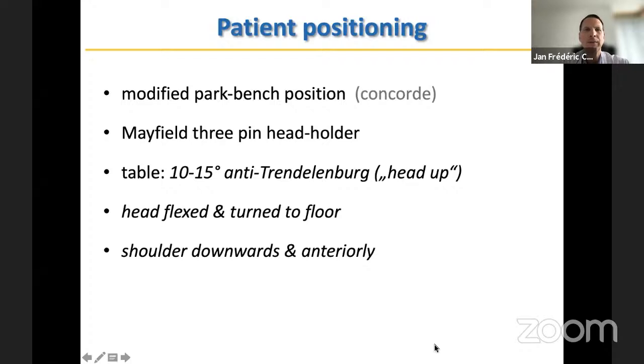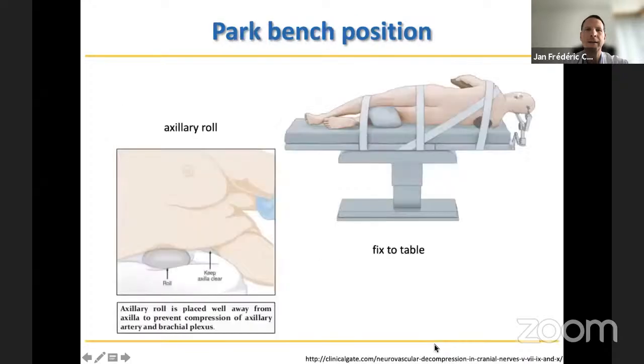So we need a Mayfield 3 pinhead holder, and so we are installing the patient with the head flexed and turned down to the floor, and you need to retract the shoulder downwards and anteriorly. So of course you need a good fixation to the table, and you should take care of the axillary artery and brachial plexus.